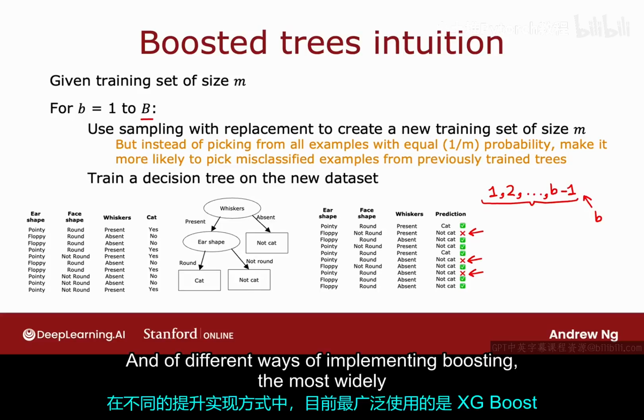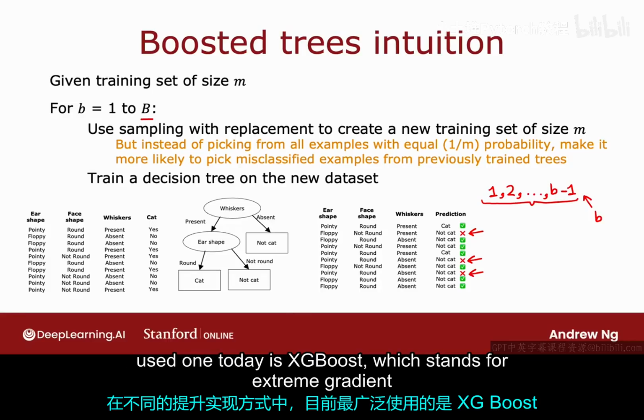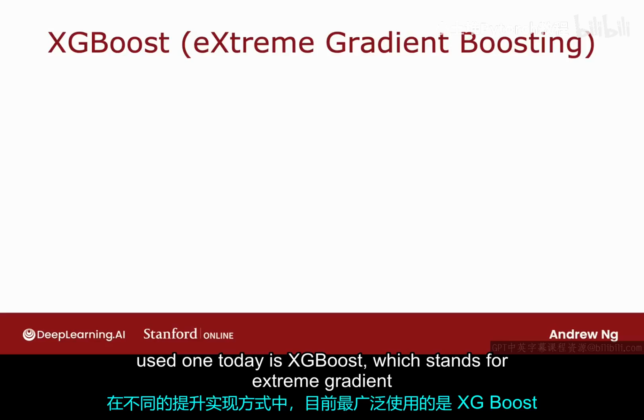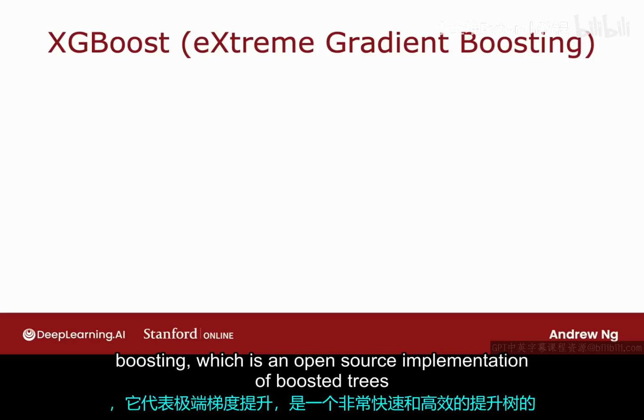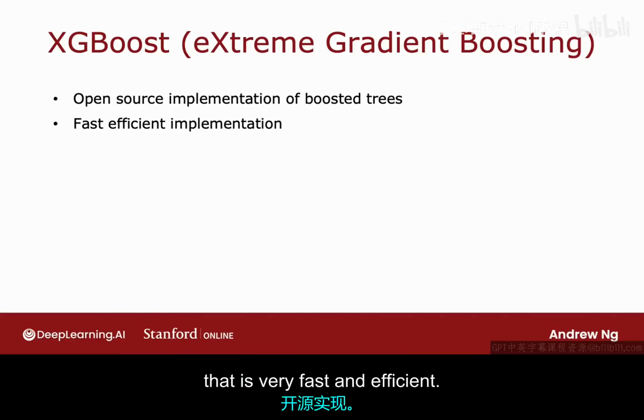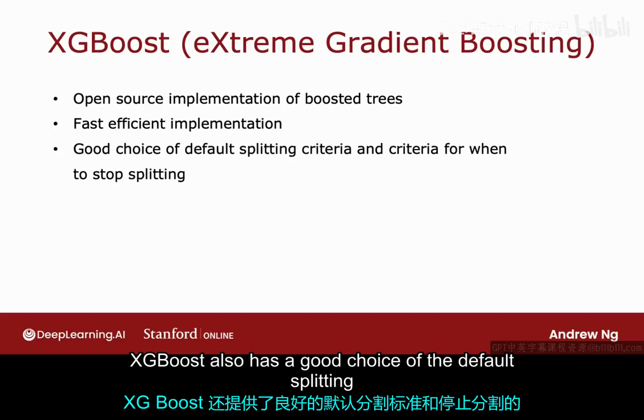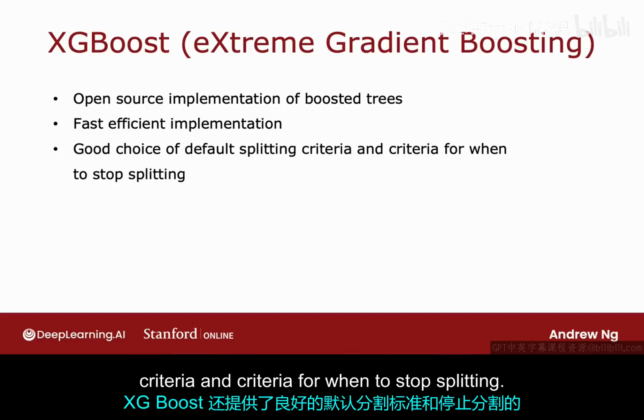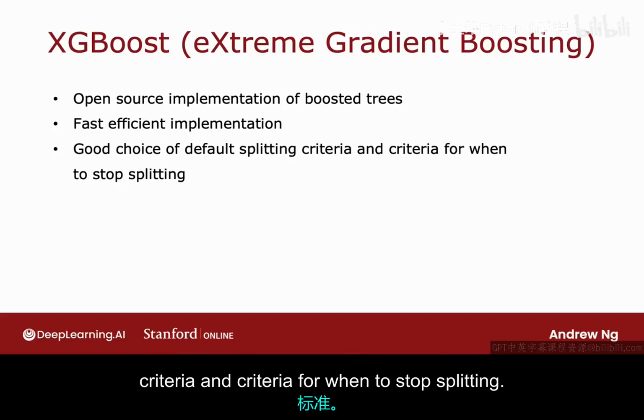Of the different ways of implementing boosting, the most widely used one today is XGBoost, which stands for Extreme Gradient Boosting, an open source implementation of boosted trees that is very fast and efficient. XGBoost also has a good choice of default splitting criteria and criteria for when to stop splitting.